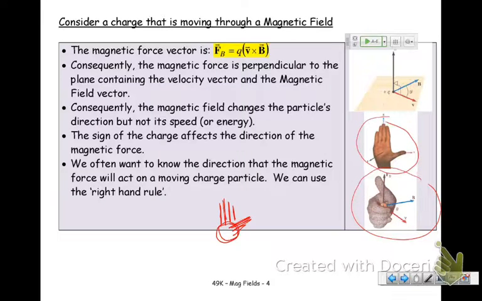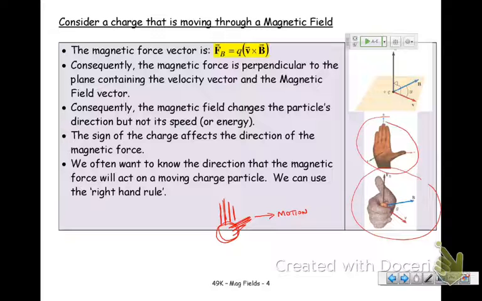So there's my hand, and the thumb is the motion. Oh, sorry, I should tell you what this is about first of all. This is about the force felt by an electrostatic charge when it moves inside a magnetic field. So we're already talking about the interaction of electrostatics with magnetism.